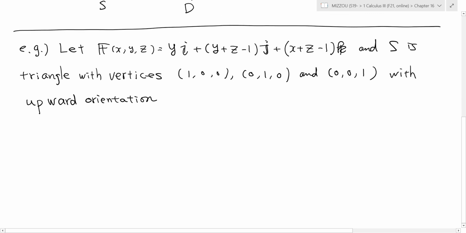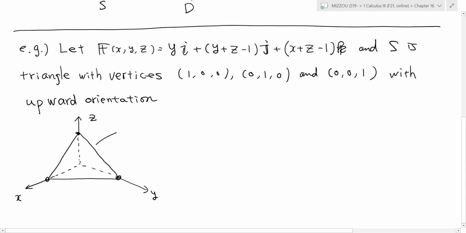What is this? Let me visualize S. S is a triangle with vertices (1, 0, 0), (0, 1, 0), (0, 0, 1), so it's a triangle like this. Now, what's the equation of this triangle? This is your exercise. The equation of this triangle is z = 1 - x - y.